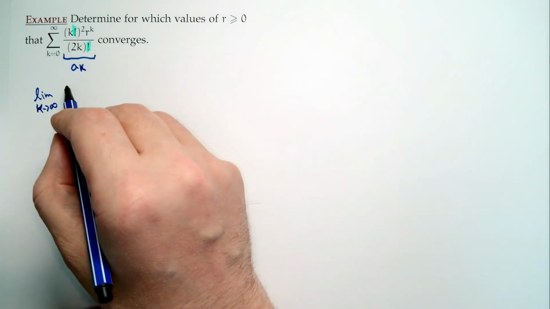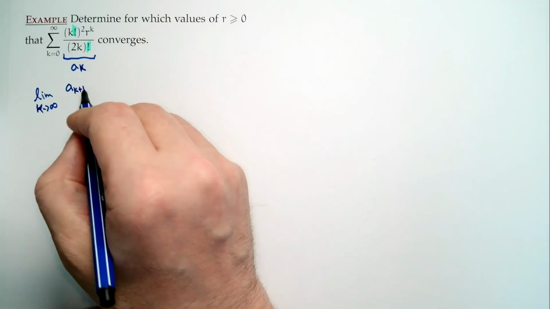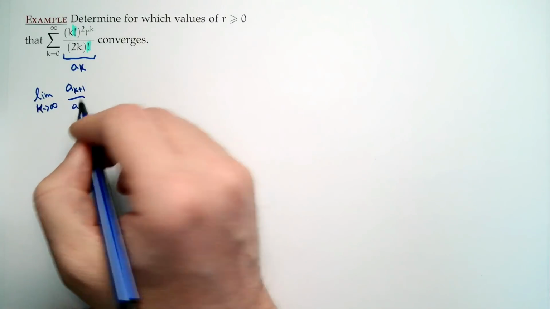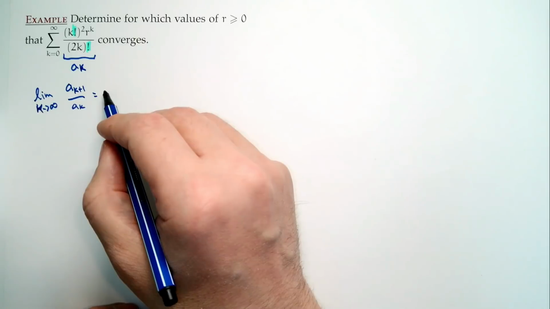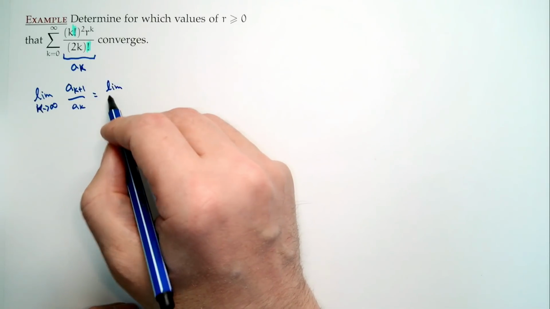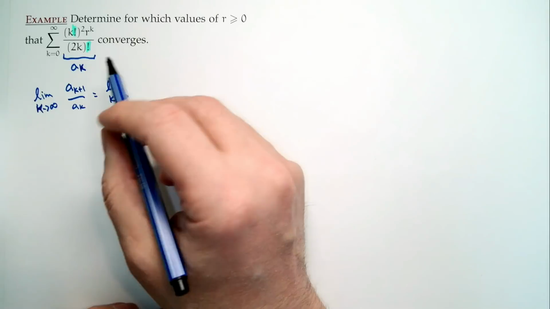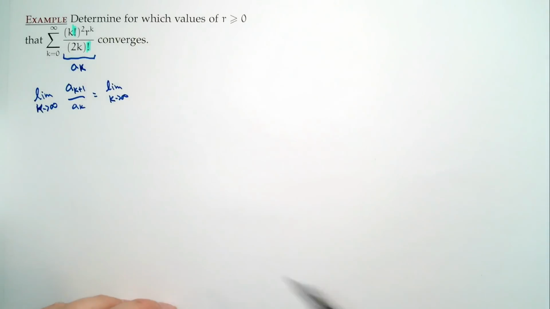But, well, practice, right? So we're going to look at the limit as k goes to infinity of a sub k plus 1 over a sub k. So a sub k plus 1, this is the part where you got to be careful. For every single value for k, we want to replace it by k plus 1, but we want to make sure we do it in the smart way so we don't miss anything.